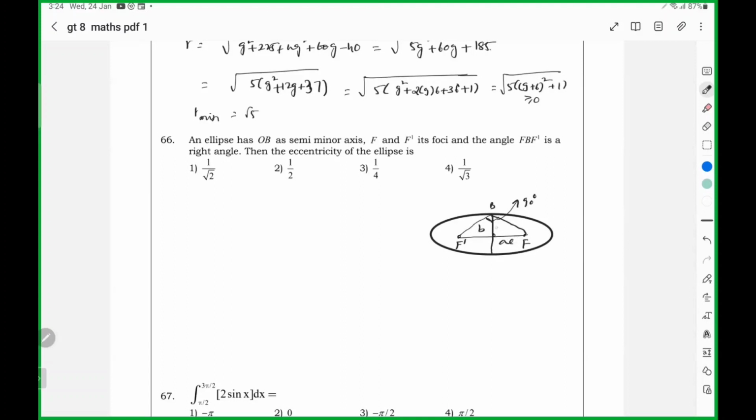This is AE, this is B. So tan 45 degrees is B over AE. B square is, so 2E square is 1. Eccentricity.